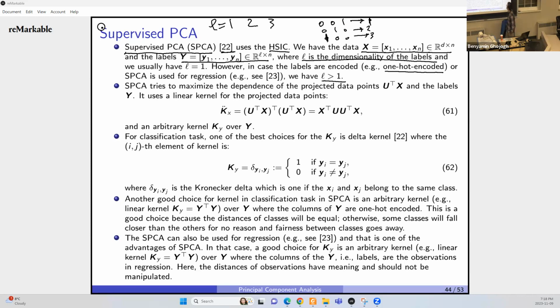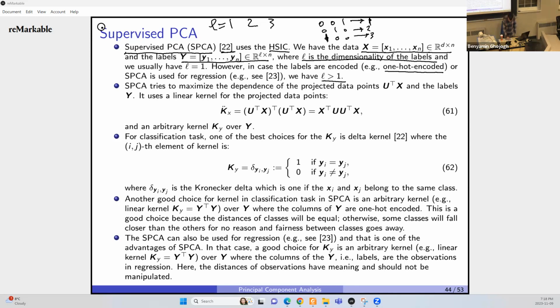And by the way, what is the usefulness of one-hot encoding in machine learning? This part is practical. Why don't we use 1, 2, 3? Rather, we use one-hot encoding sometimes. It's because of their distance.